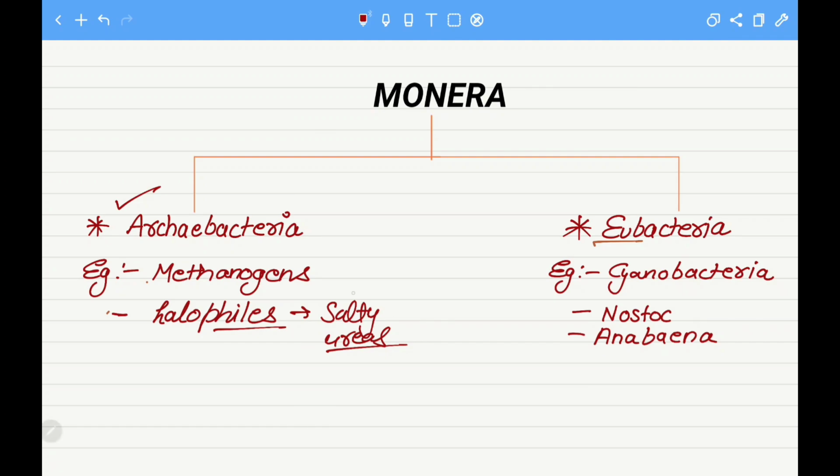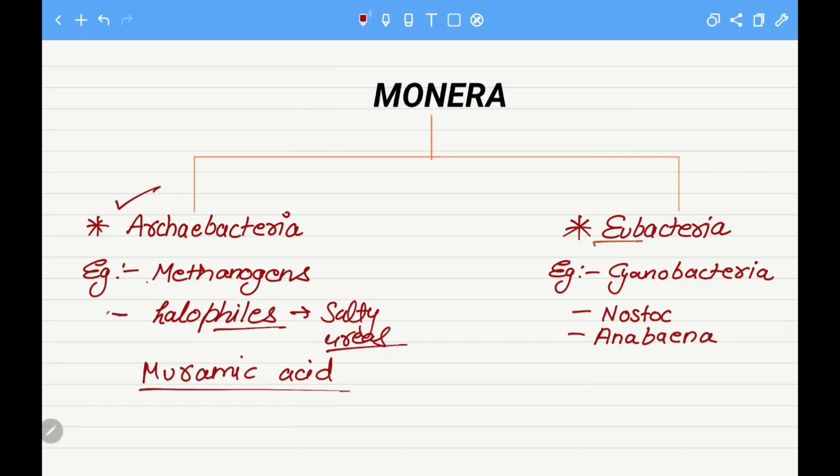So halophiles are those which are present in salty areas, but still they can survive in that harsh condition also. That's why they come under Archaebacteria. Archaebacteria have a different type of cell wall, which is a muramic acid cell wall. Muramic acid is present inside the cell wall of these bacteria.